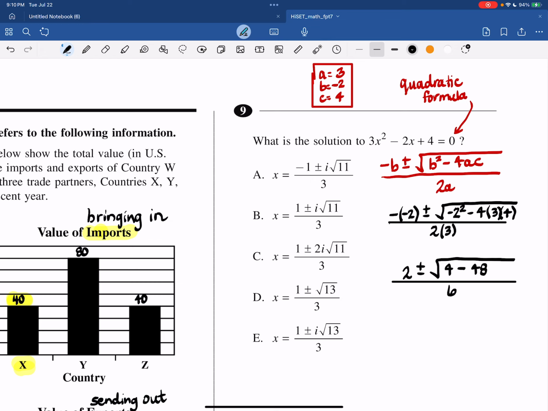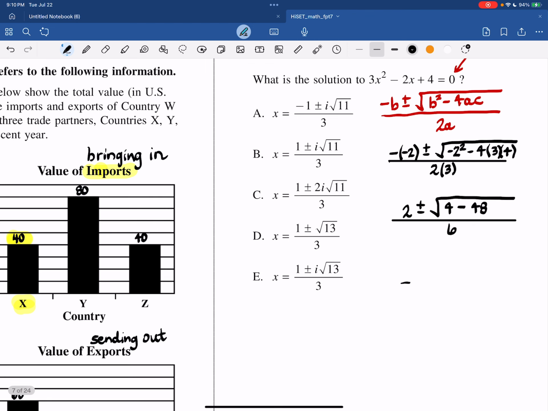So it got a little bit simpler here. Let's just keep on coming down. The 6 on the bottom can't simplify, at least not yet. But right here, I realize I have a problem. I am trying to take the square root of a negative number. And let me just point that out to you.